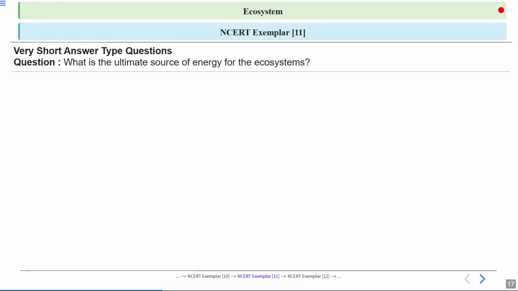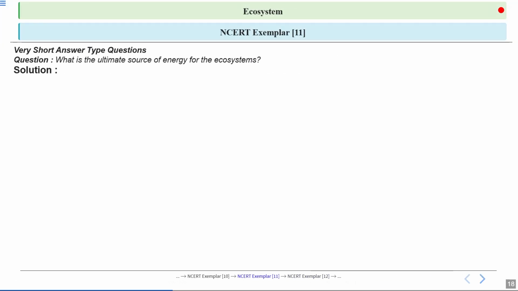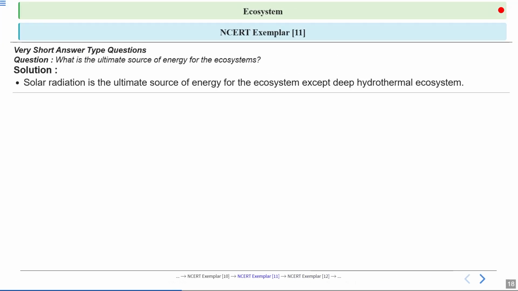Next, we have very short answer type questions. So, the question is, what is the ultimate source of energy for the ecosystem? Let's have a look at the answer. So for the vast majority of ecosystems, including forests, grasslands and oceans, the energy begins with sunlight.